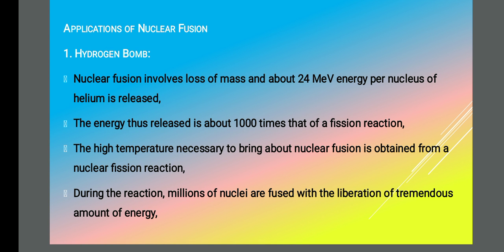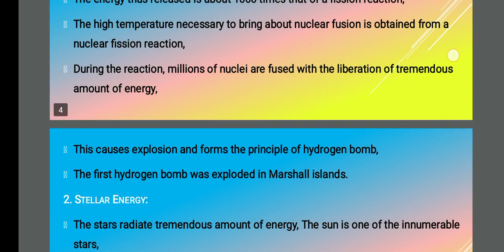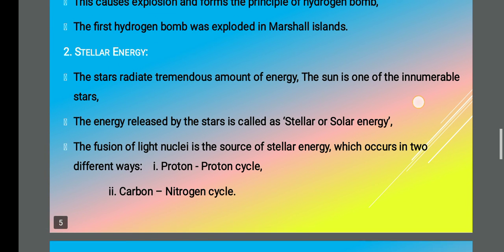For this fusion reaction we need high temperature, and this temperature is given by nuclear fission reaction. Millions of nuclei are fused with the liberation of tremendous energy, and this is the principle used in the hydrogen bomb. The first hydrogen bomb was exploded in Marshall Island.